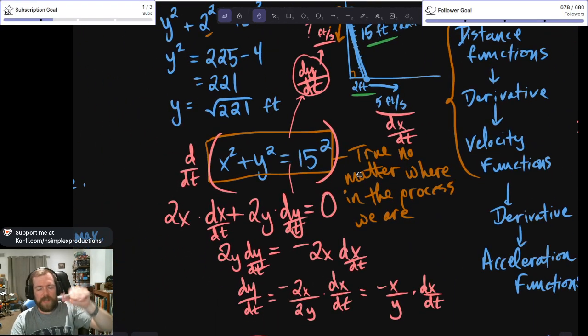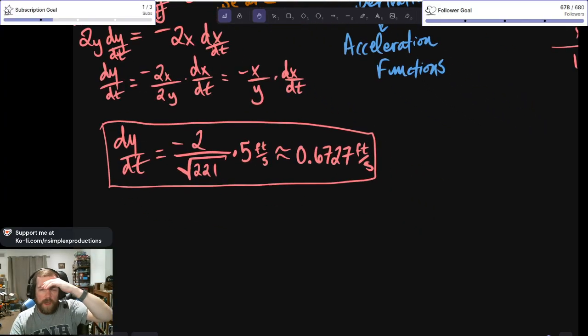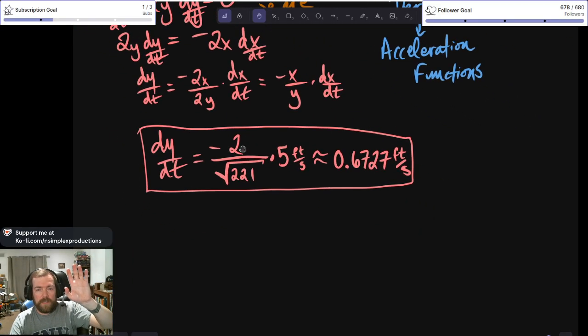So at any rate, we can do this if we know what the distance x is going to be. We can find the distance y, not difficult, and then if we're told what dx/dt is at any given moment in time, we will then be able to find dy/dt at that time.